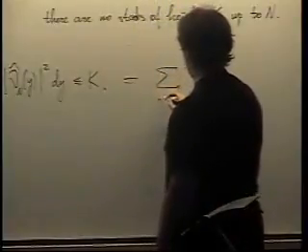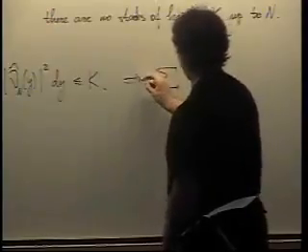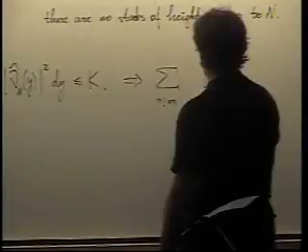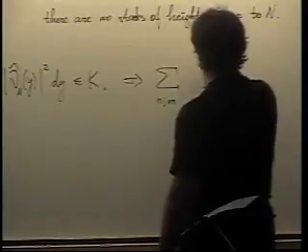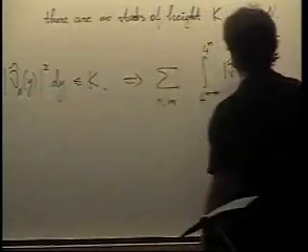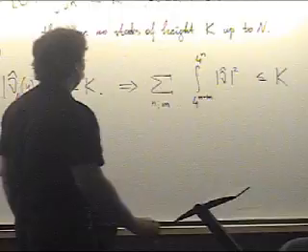Let's say sum over n divisible by m, integral from 4 to the power n minus m to 4 to the power n of Fn squared doesn't exceed k.